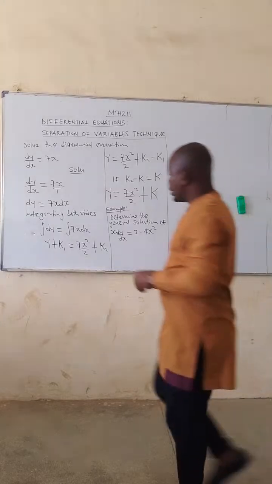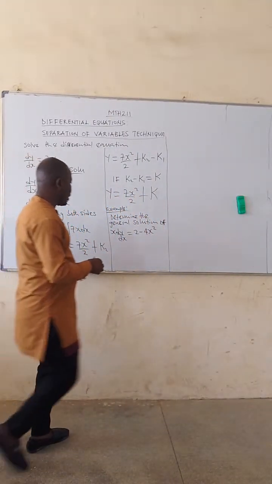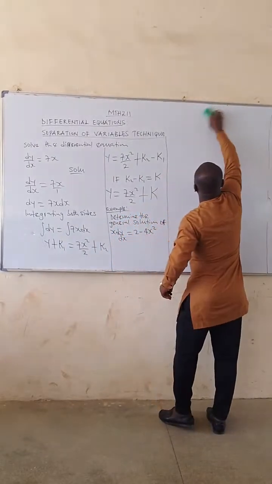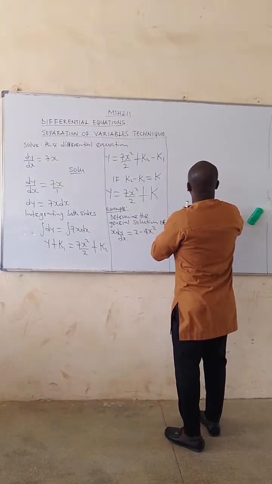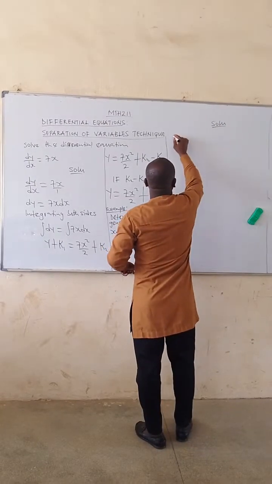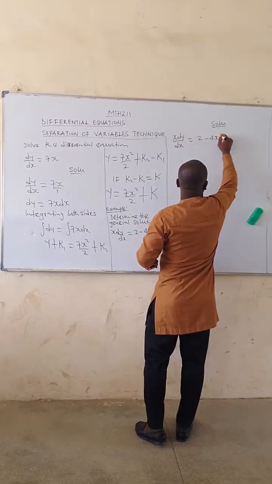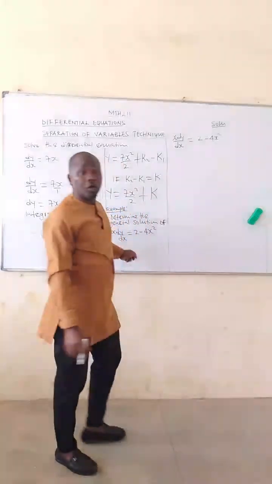Let's look at this one again. It's simple as ABC, so we are doing it together. Solution: x dy all over dx is equal to 2 minus 4x squared. What are we going to do?